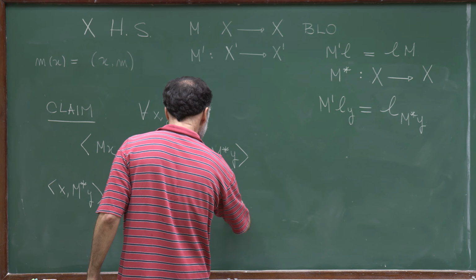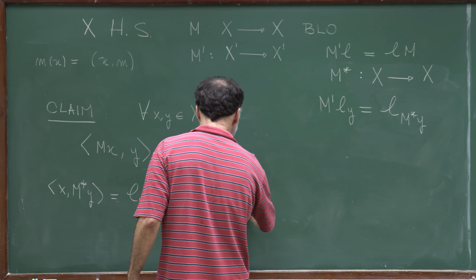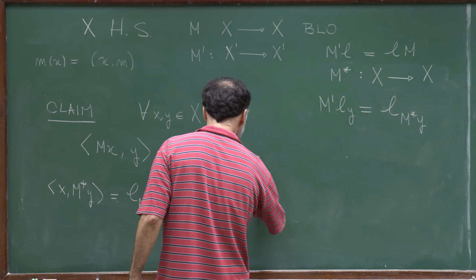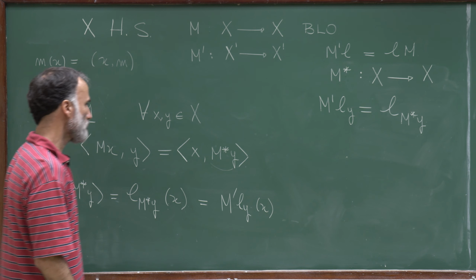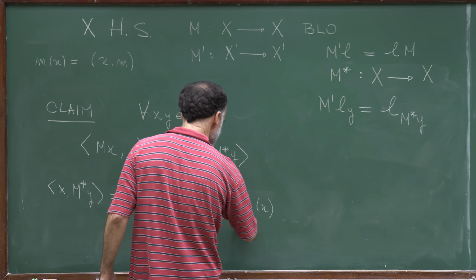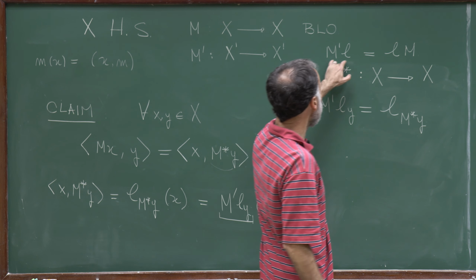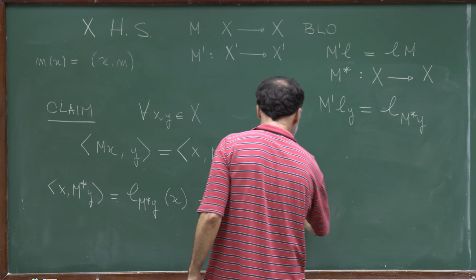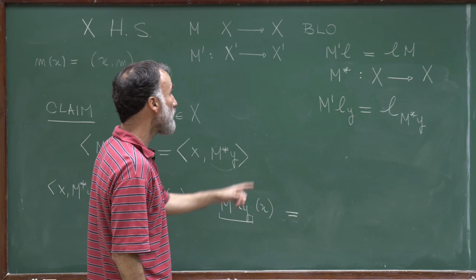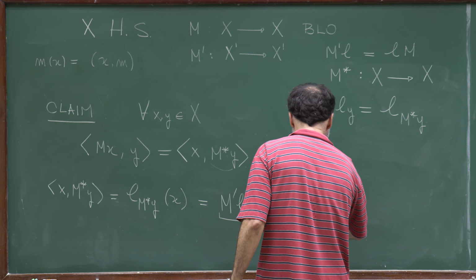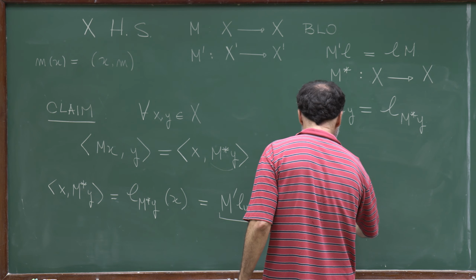M prime L y applied to x. Well, this is a bounded linear functional defined in X, given by this identity. So, by definition of M prime, this is L of y applied to Mx.